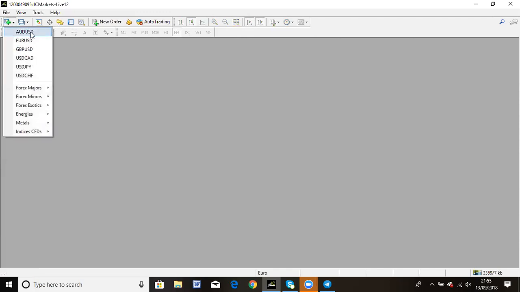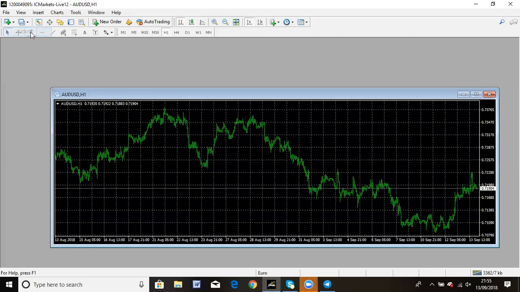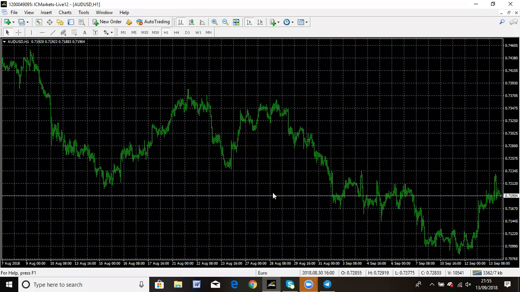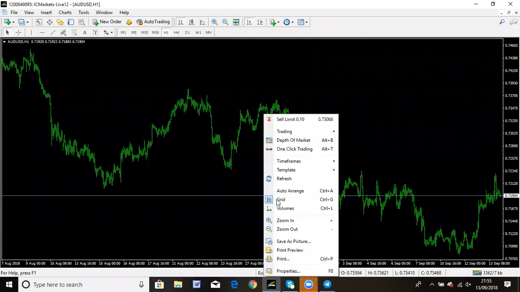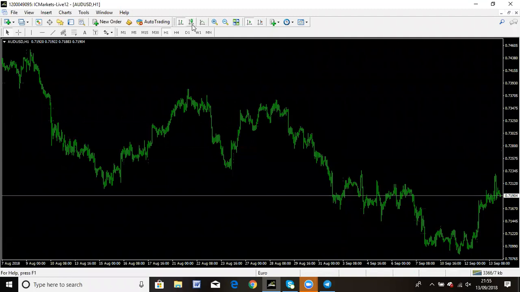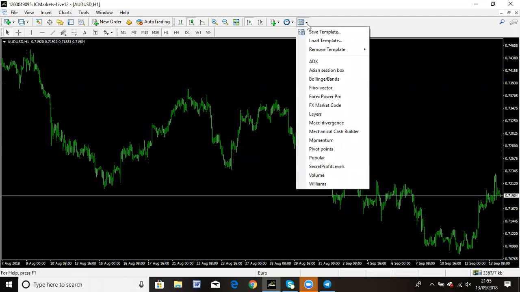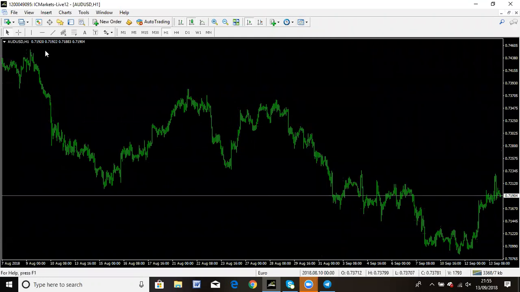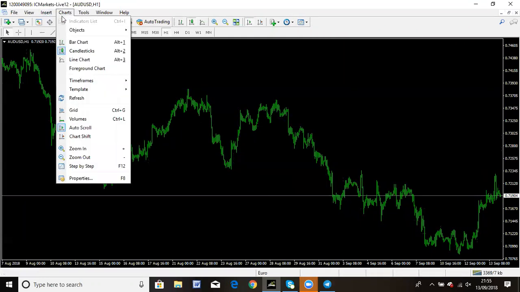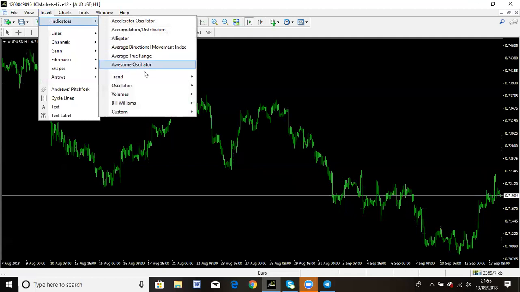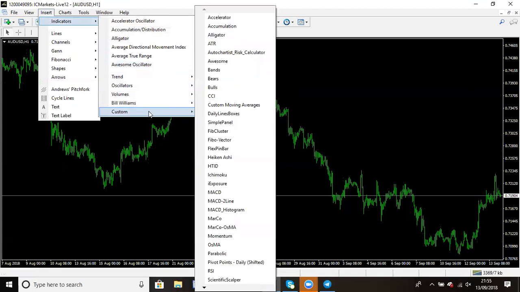So I'm gonna add that in. Let's make it a full chart. Remove the crap. Add this, and I do not have it here. So insert my indicators. Where are they? Custom indicators.